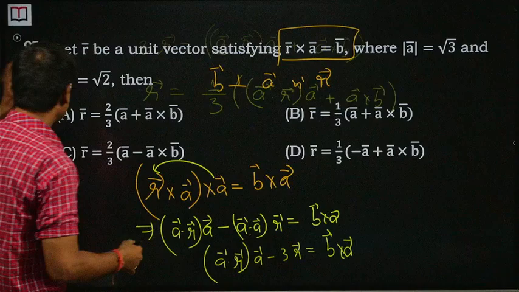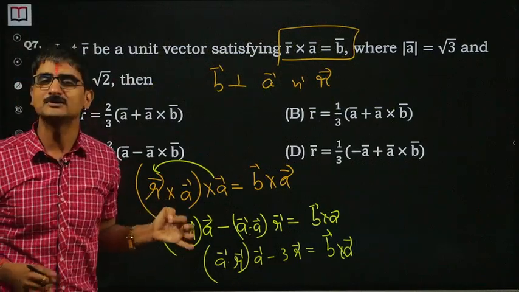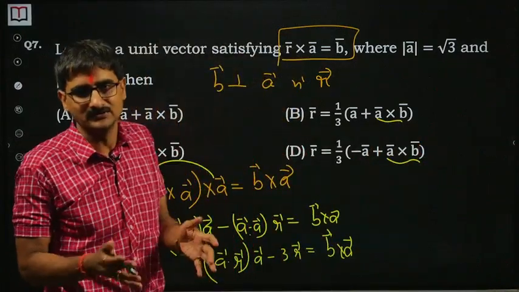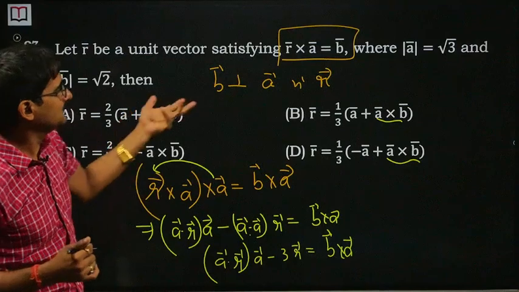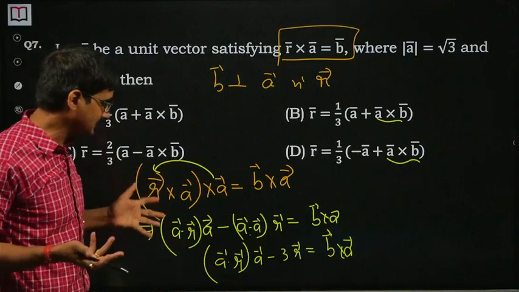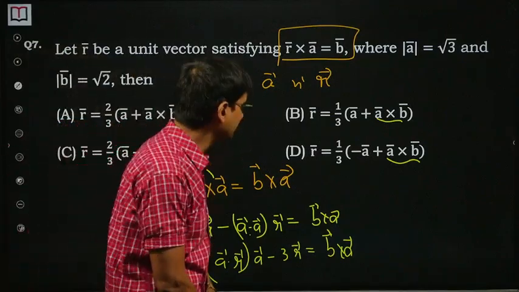Now see, in such cases options are important. Looking at the options only, I realized that we have to get it in terms of A cross B. Otherwise there could have been different other ways of thinking, but I didn't try anything else once I looked at the options.